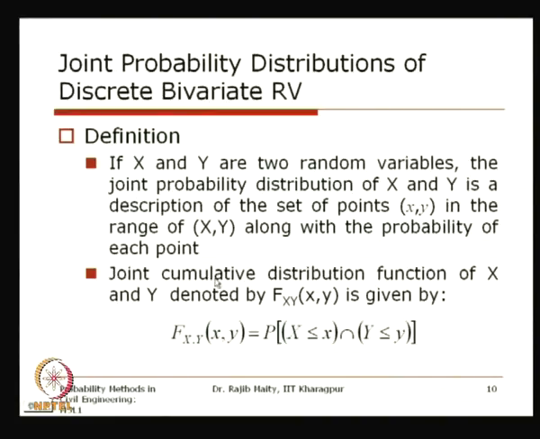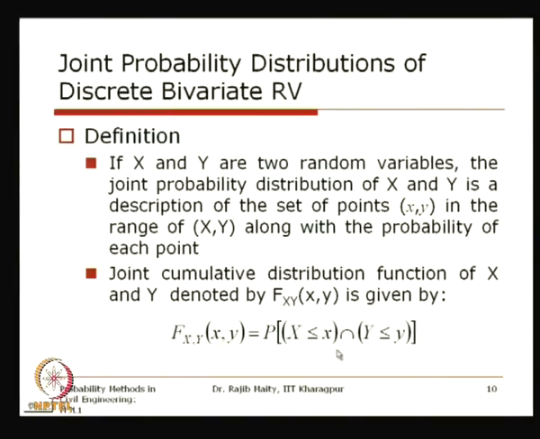The joint cumulative distribution function of X and Y is denoted by capital F_XY(x, y) and is given by the probability of X less than or equal to x, intersection Y less than or equal to y.